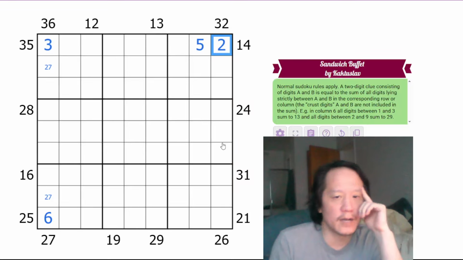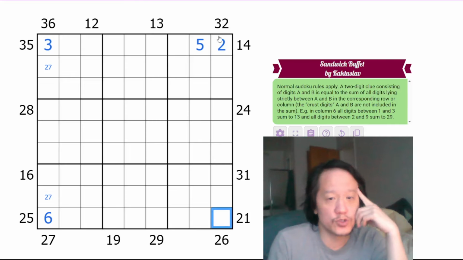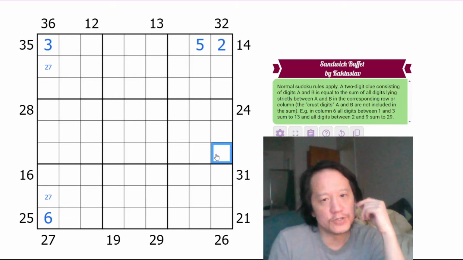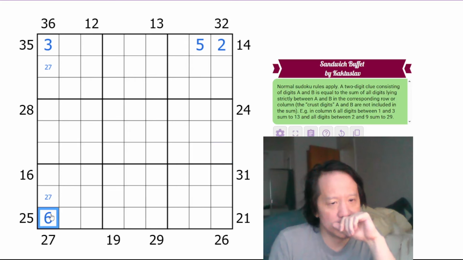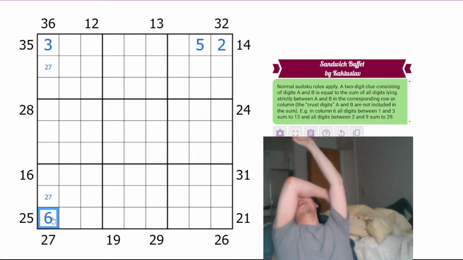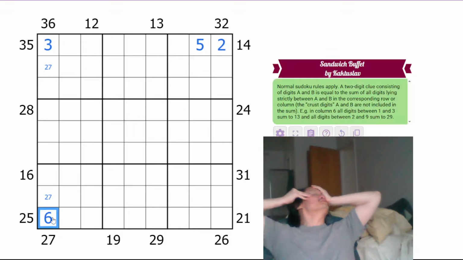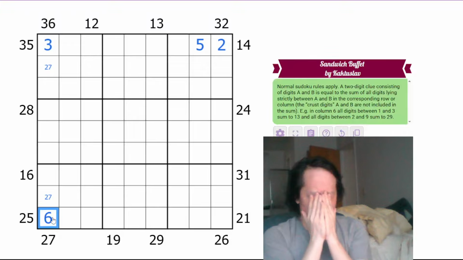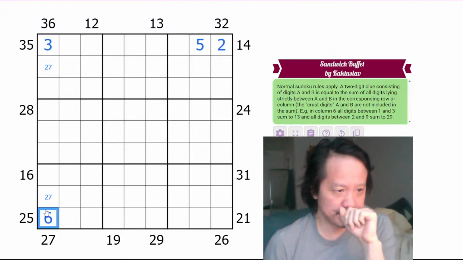Well, 2 cannot be here guaranteed. Okay, so 26 between the 2 and the 6. Interesting. Okay. This is 6 outside. So that's 6 already. 2 and 5 are outside of the 2 and the 5.